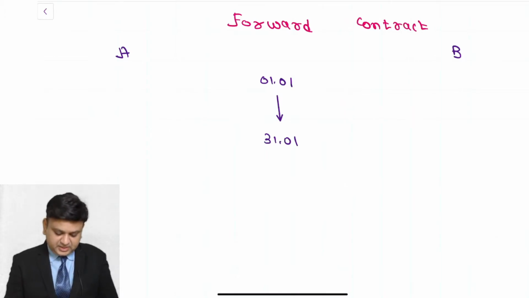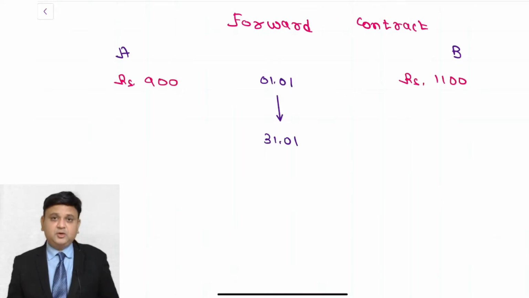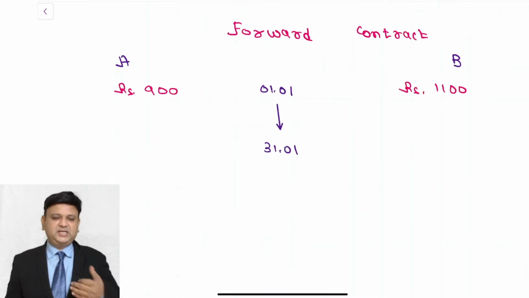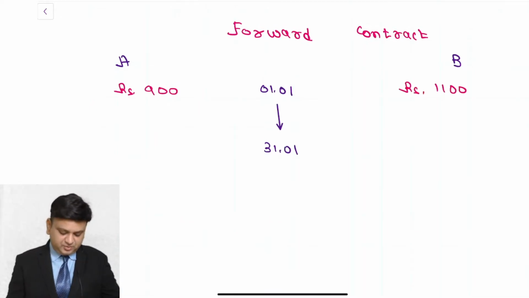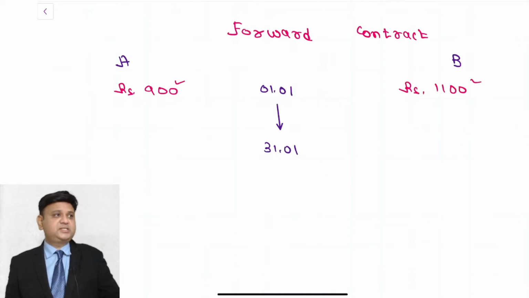Mr. B is expecting that the price of the security will be rupees 1100, and Mr. A is expecting the price will be rupees 900. Mr. A has his own reasons why the price will be rupees 900, and B has his own reasons why the price will be rupees 1100.